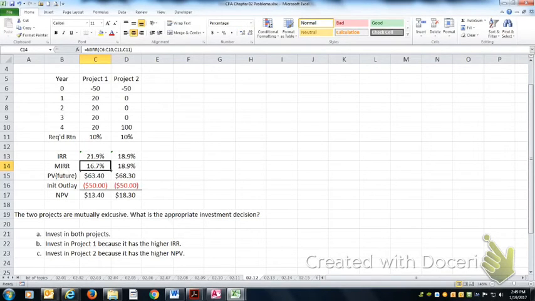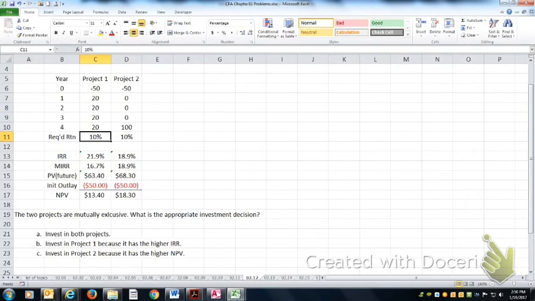The modified internal rate of return gets around some mathematical anomalies that are part of the evaluation. The assumption is that if this firm is actually investing in projects that earn roughly 10%, then as this 20 comes in, you're going to reinvest it at 10%. As that 20 comes in, you're going to reinvest it at 10%.